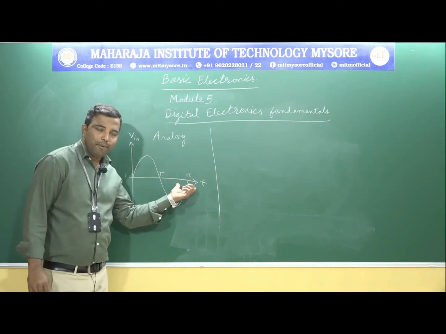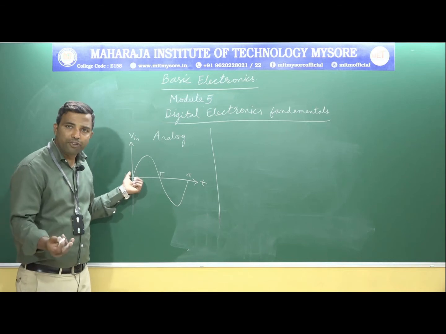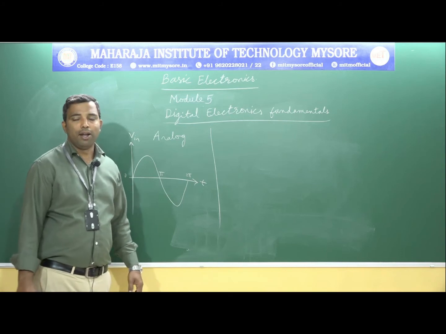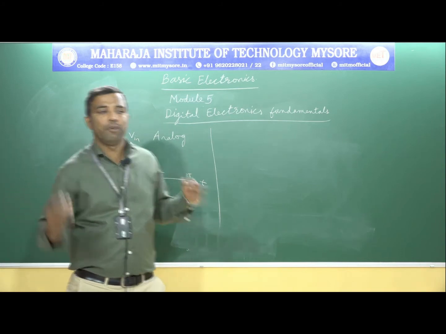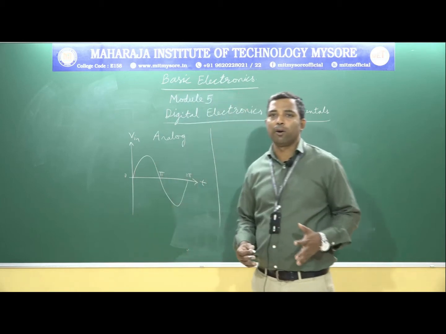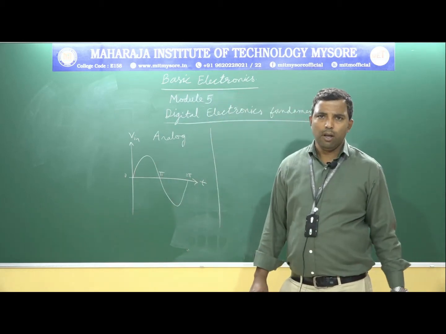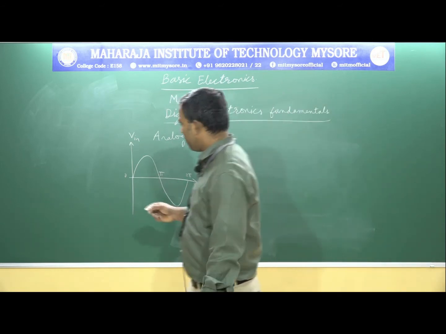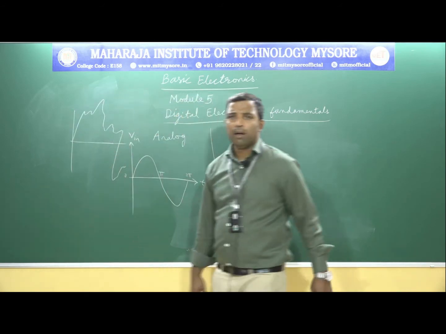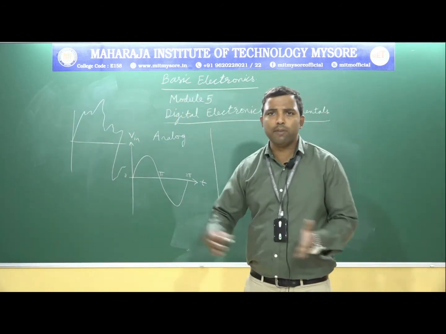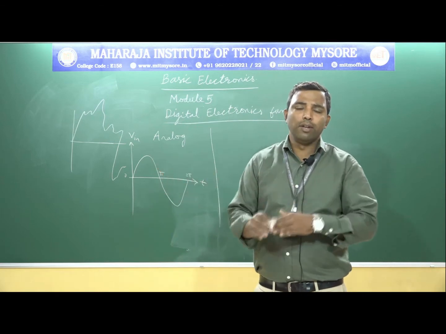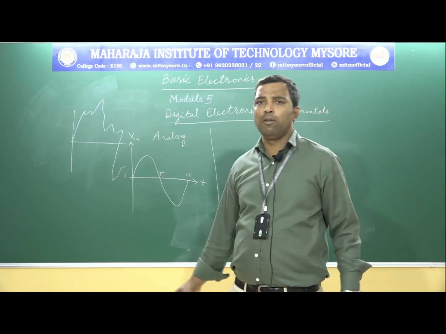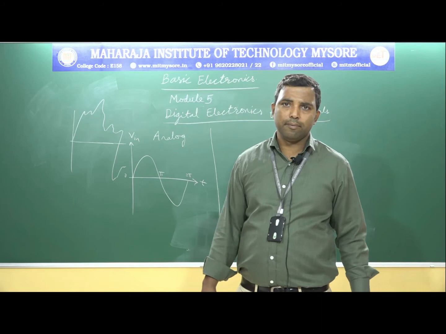The information or voltage which varies continuously with respect to time is nothing but an analog signal. Even noise is also an analog signal. Let us consider, for example, noise. Like this, this is also an analog, continuously varying signal. The information varies continuously, hence this is nothing but an analog signal. Examples are sinusoidal wave, cosine wave, etc.